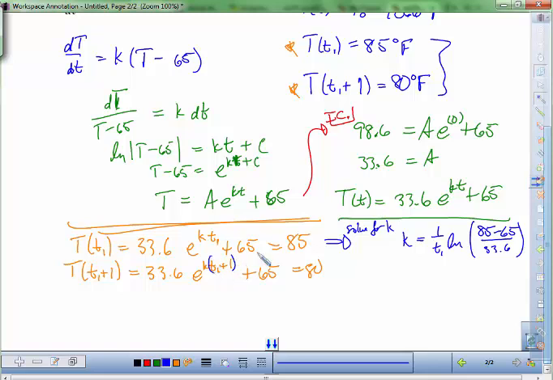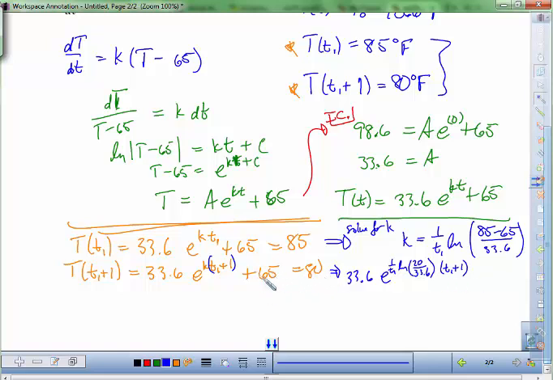Thank you. Okay, good. So now, if we do that, we got 33.6 e to the k, that's 1 over t sub 1 ln of, that's probably going to be 20 over 33, so this is going to be a negative number, plus 65 is equal to 80.